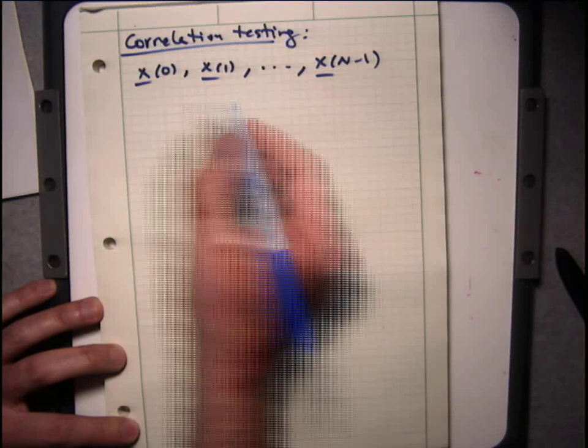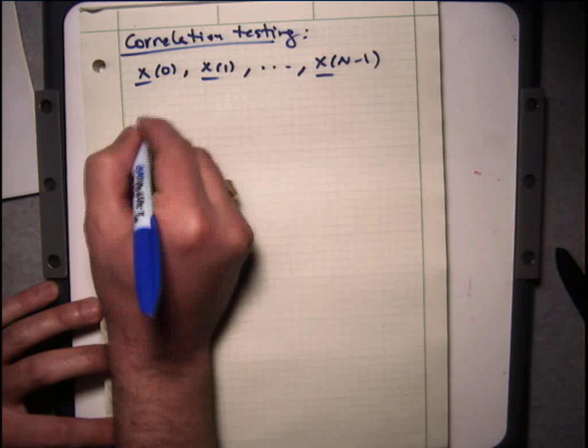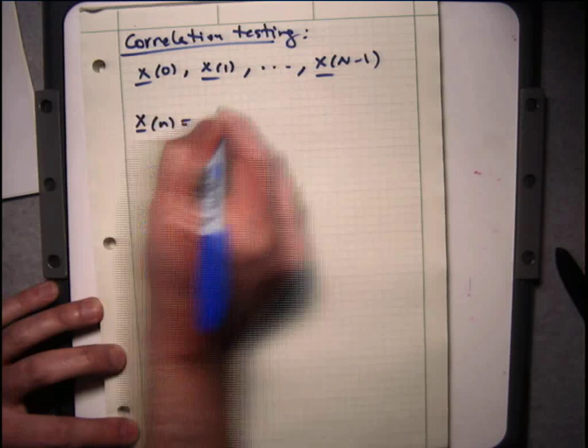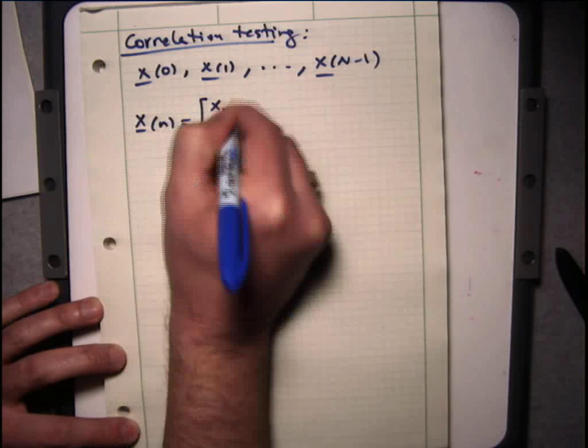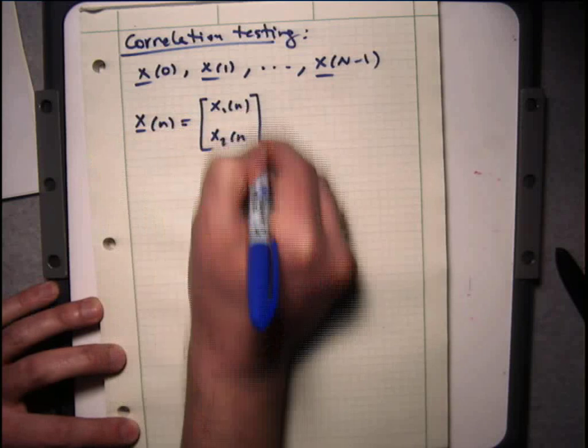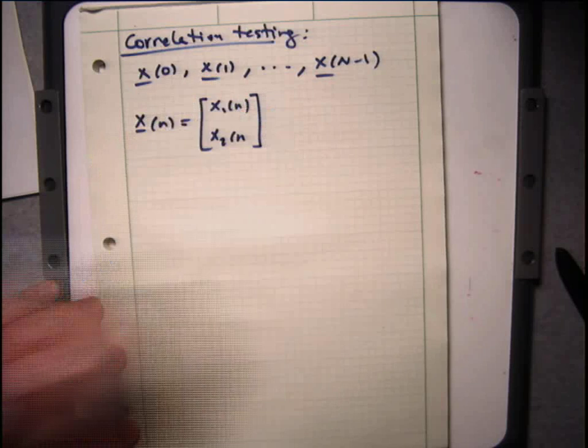Let me write it explicitly. So this is x1 of n, x2 of n. Okay, so each one of these is a two-dimensional vector.